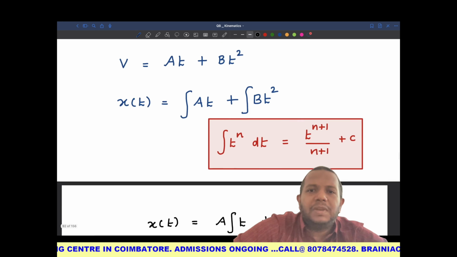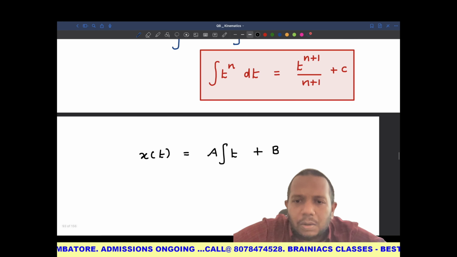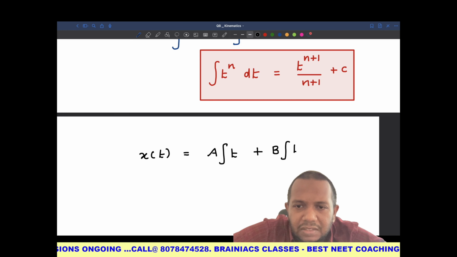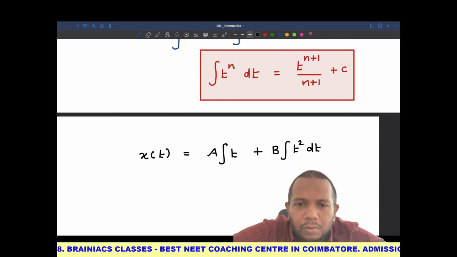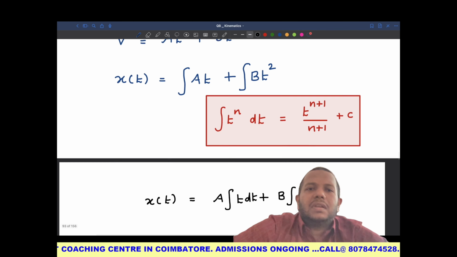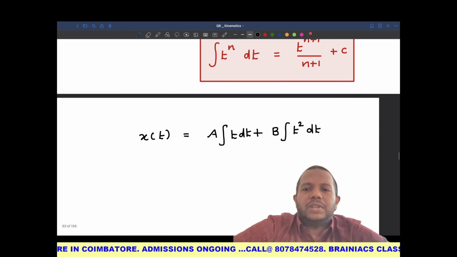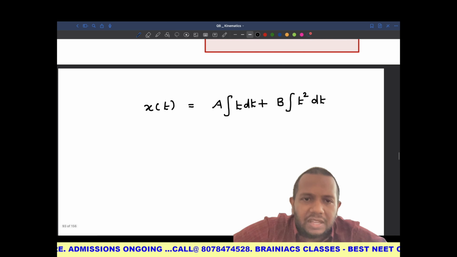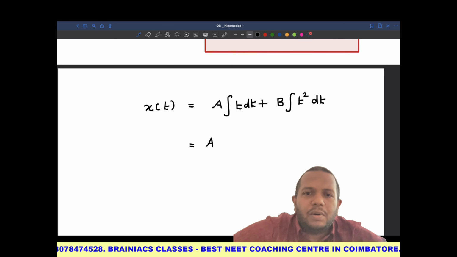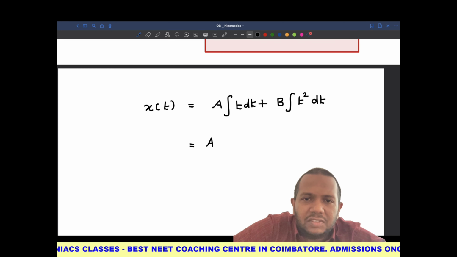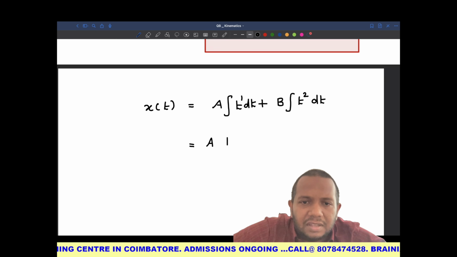And next, plus b, a constant I am taking outside, then the integral of t² dt. Here also I forgot to put dt, you need to write it. Let's do the integration now. What will you get? a is a constant present outside. On integrating t, we know that t is t to the power 1 actually. So t to the power 1 becomes n+1.